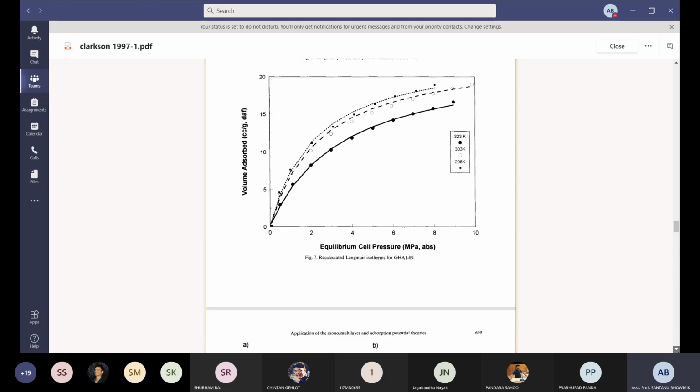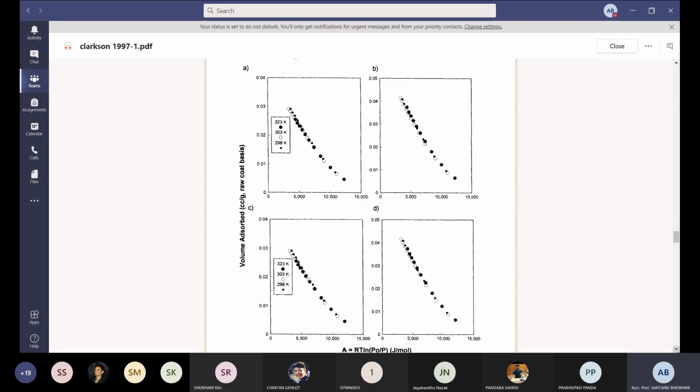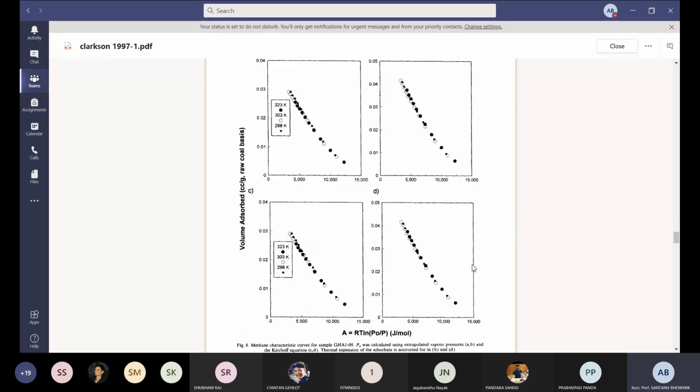The next is the characteristic equation. The characteristic equation is a property of Polanyi's theory. You can see here that on the y-axis, the volume absorbed is measured. You can see here the basis is changed. It is the raw coal basis, not DAF, not MMF.